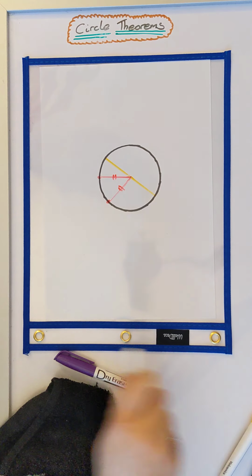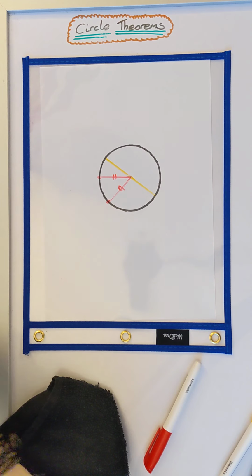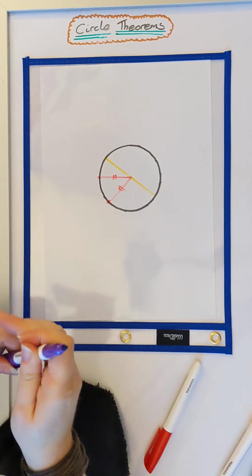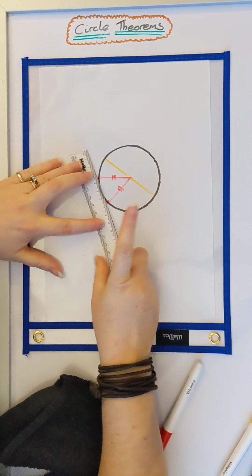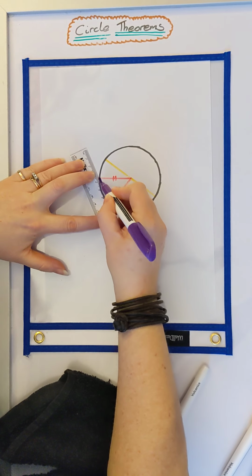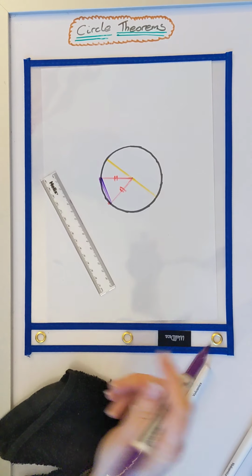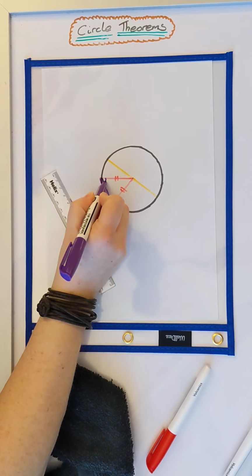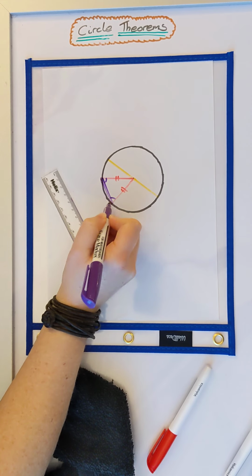If we join these points together with a chord, we have created an isosceles triangle.